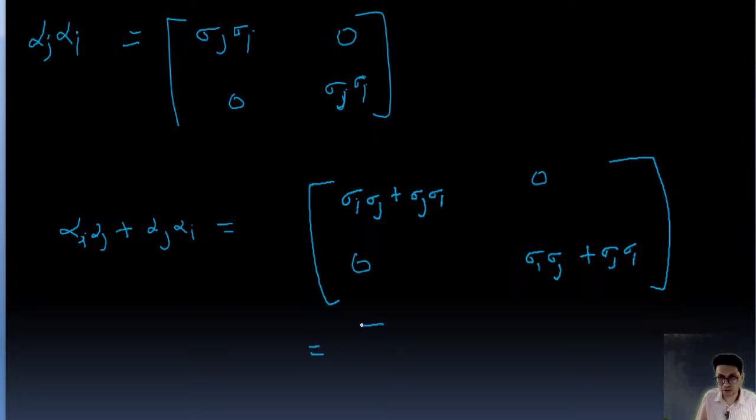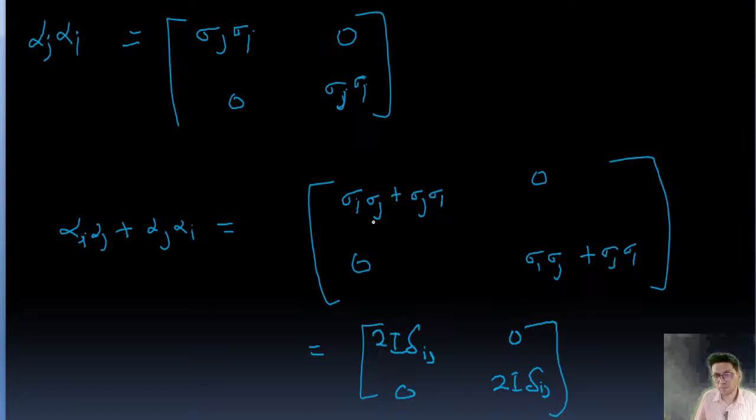In short, this is 2 times Kronecker delta_ij times the identity. Because if i equals j, then this will get added, and if i and j are not equal, then the value is going to be 0.